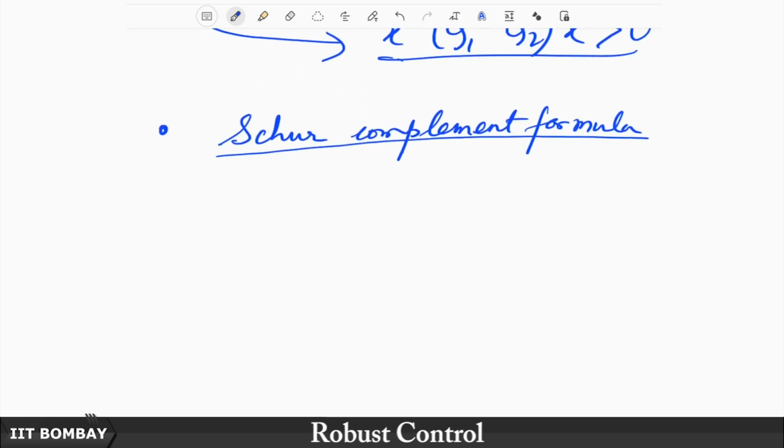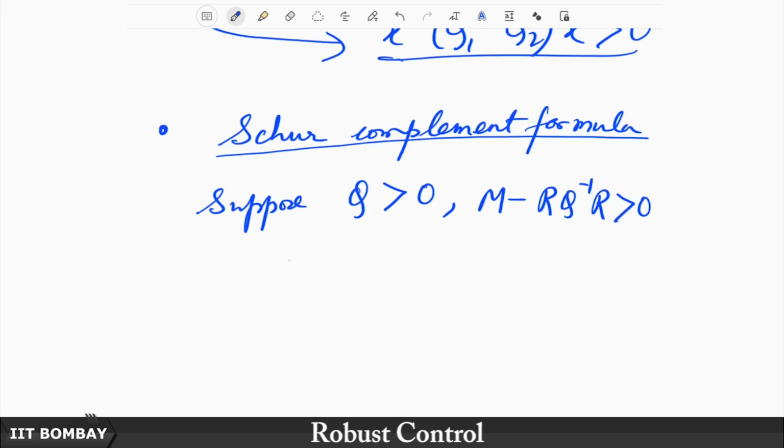It says that the following two claims are equivalent. Okay. So, suppose Q is greater than 0, and M minus R Q inverse R Hermitian is greater than 0, for Q and M belonging to the vector space of Hermitian matrices, and of course R has no such restriction, R could be any arbitrary matrix.